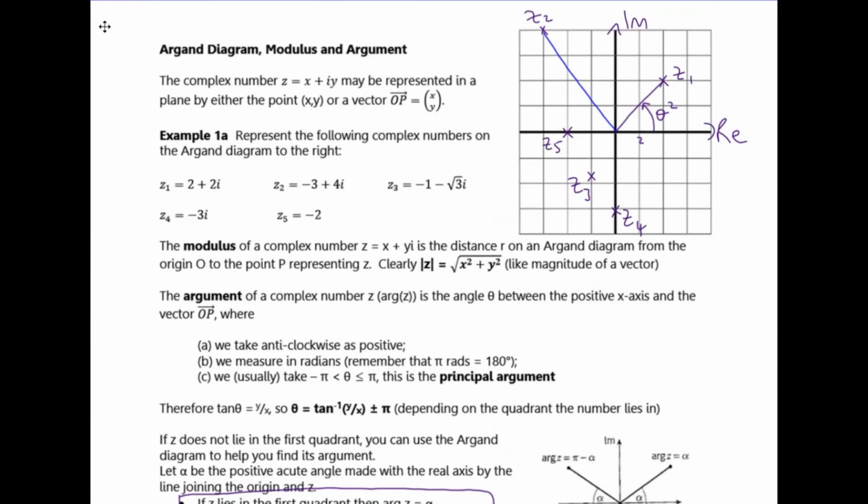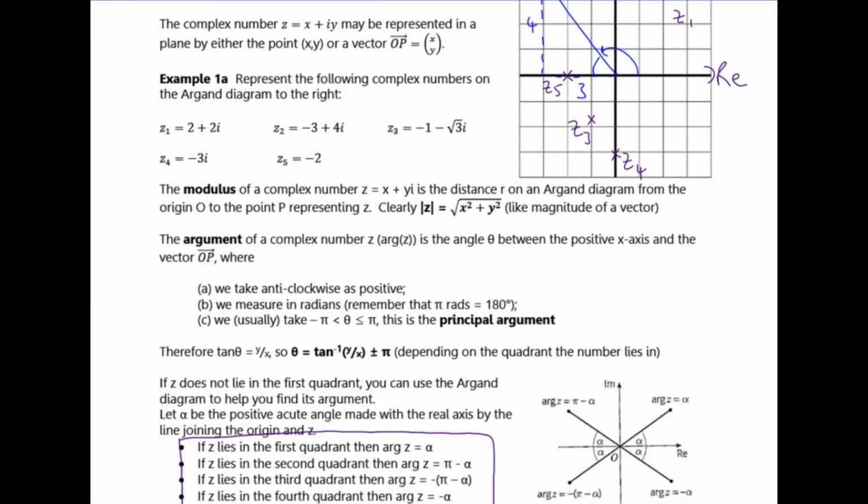The argument of Z2 is the angle that it makes with the positive real axis when measured anti-clockwise. So it's this obtuse angle around here. To calculate this, I'm going to work out the acute angle here, again, using tan. I've got 3 and 4 here. And then I'm going to take that away from 180, if it were in degrees, or in radians, I'm going to take it away from pi.